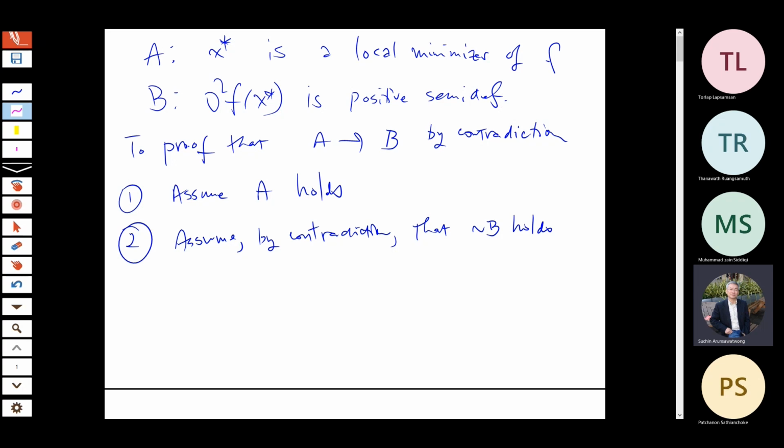So first we assume that x star is a local minimizer of the function f, and then we assume by contradiction that the Hessian matrix of the function f at the point x star is not positive semi-definite.